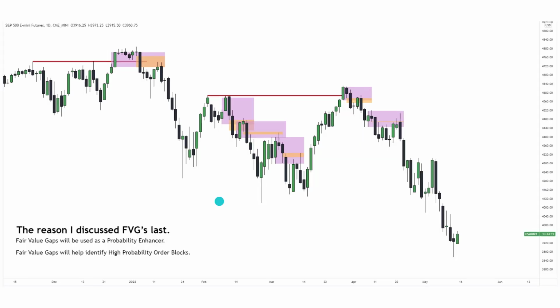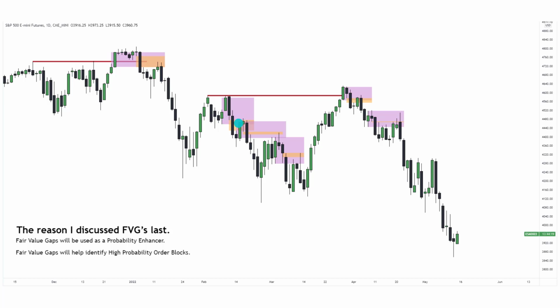Okay, and now since we're focusing on bearish institutional order flow here, we're focusing on up candles to create new selling opportunities. So you can see here, up candles form an order block here. Since this order block has a fair value gap with it, that's a high probability order block.